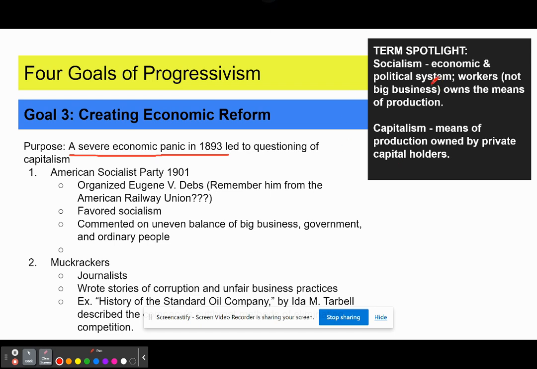And this gets into this idea of capitalism, which is when the means of production are owned by private capital holders, like big businesses, even small businesses, that you can regulate a business and that you can provide goods and services to people and that you have the freedom to start a business. Where socialism says that it's an economic and a political system in which workers, not big businesses, own the means of production.